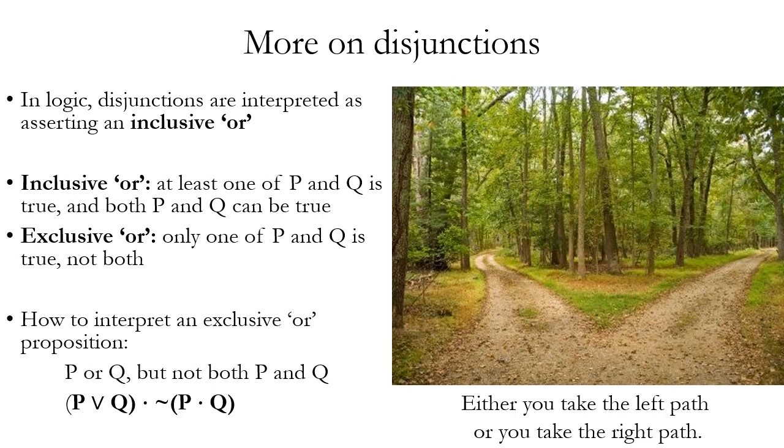The wedge only is linking the first P and the first Q. The second dot is only linking the second P and the second Q. But if we wanted to interpret this notation, it would be saying either P or Q is true, and it's not the case that both P and Q are true.